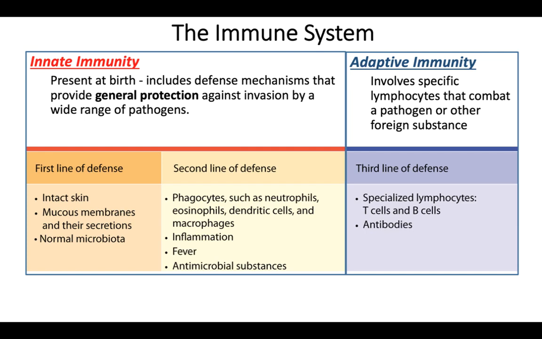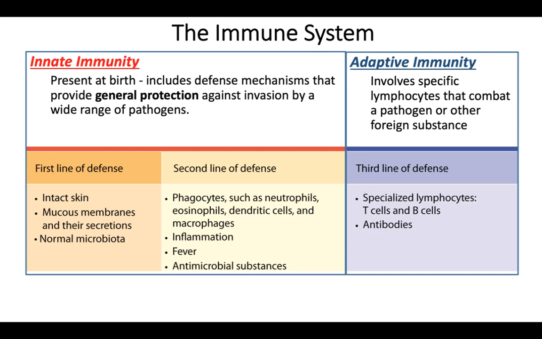The downside is sometimes we do things to kill off our normal microbiota. For example, antibiotics kill a lot of different types of bacteria. They'll kill the infectious one that you're trying to kill, but they might also kill off some of your normal microbiota. So a lot of times people will take probiotics after antibiotics to try to replace those bacteria.